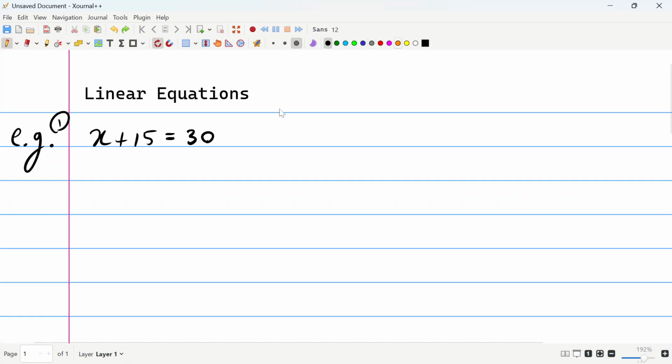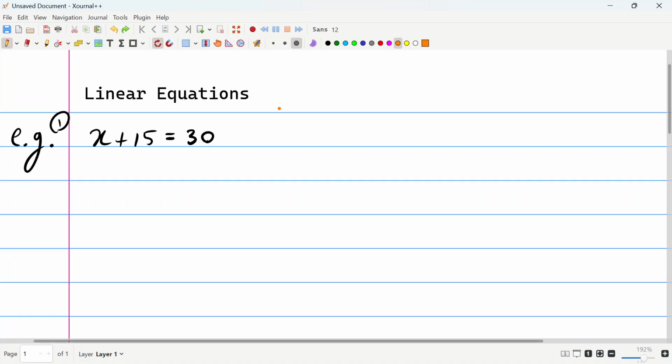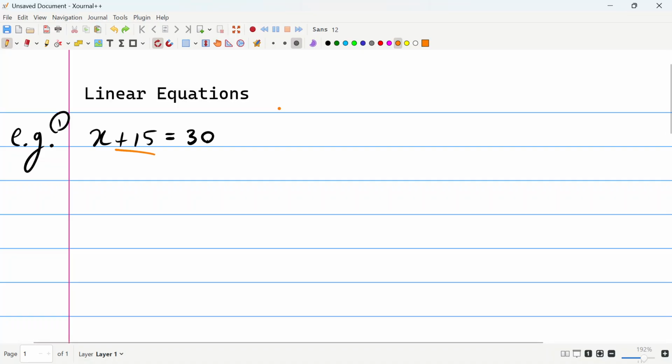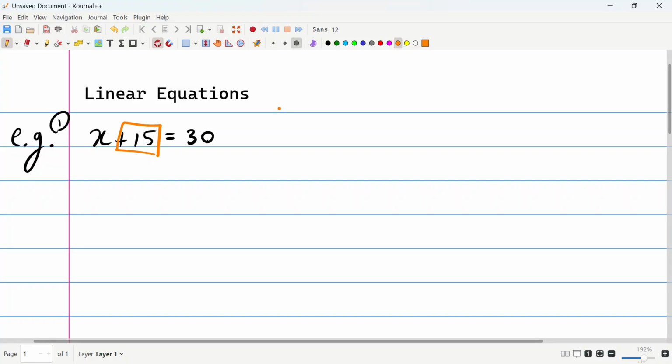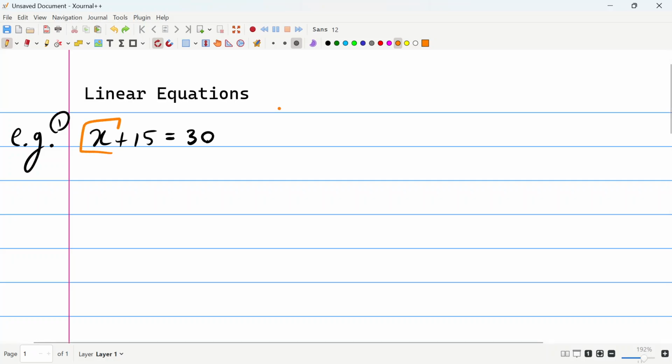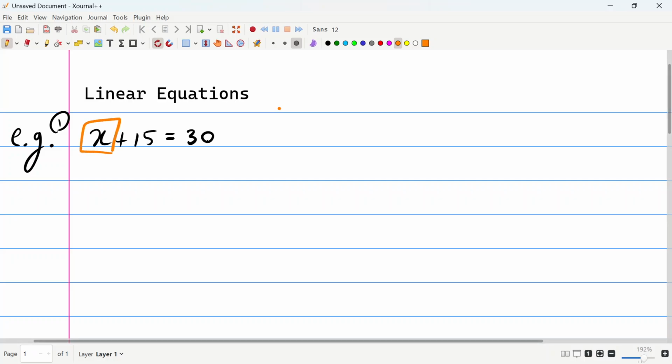We need to find a way to get rid of this 15 on this side, because we need to figure out how to get x on its own so that we can see what x is exactly equal to. Remember, in the earlier example we needed to see if one side was the same as the other.